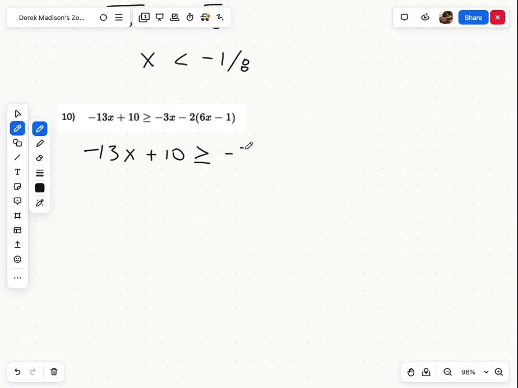So here we're going to have negative 3x. Negative 2 times 6 would make negative 12x. And negative 2 times negative 1, careful with that sign, is going to make a positive 2. Again, I like to collect my like terms before I move stuff left or right.